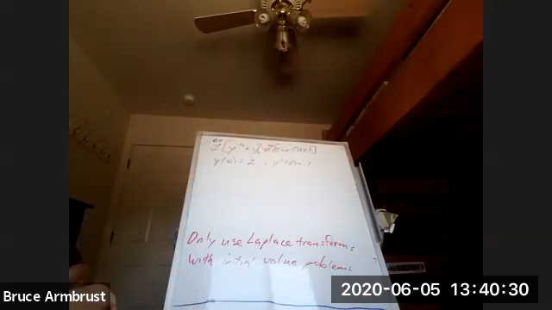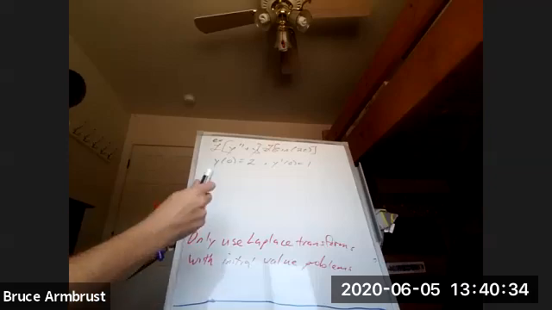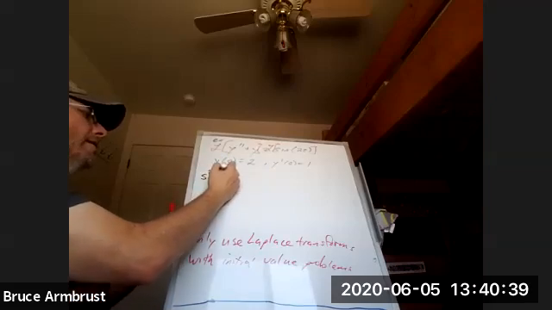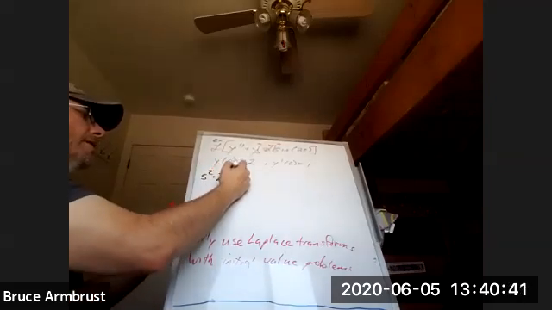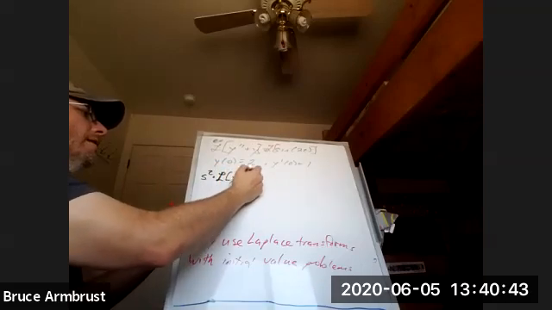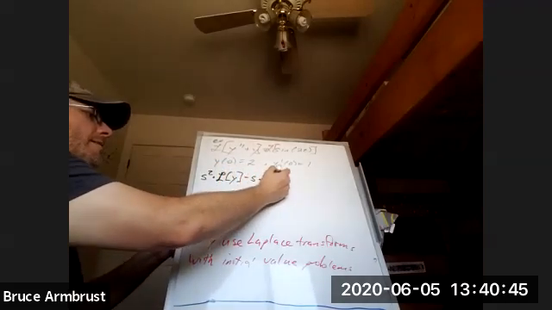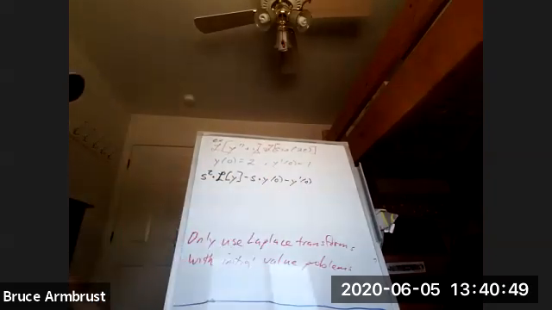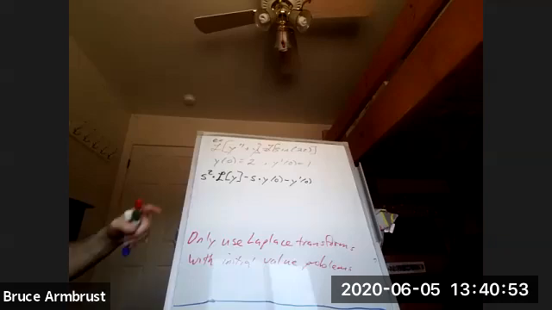So you notice that we've got the y double prime. So that y double prime is going to give us what we gave before, which is going to be s squared times the Laplace transform of y minus s times y of 0 minus y prime of 0. So that's the Laplace transform of y double prime.